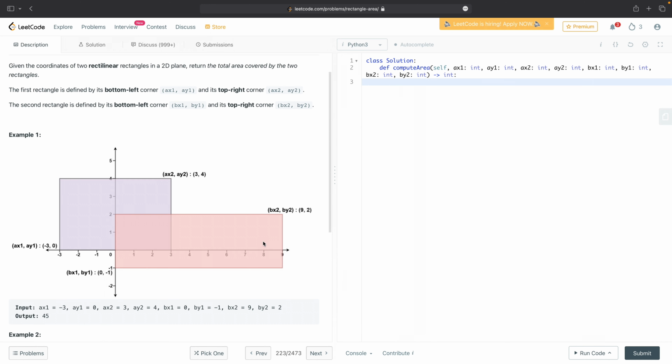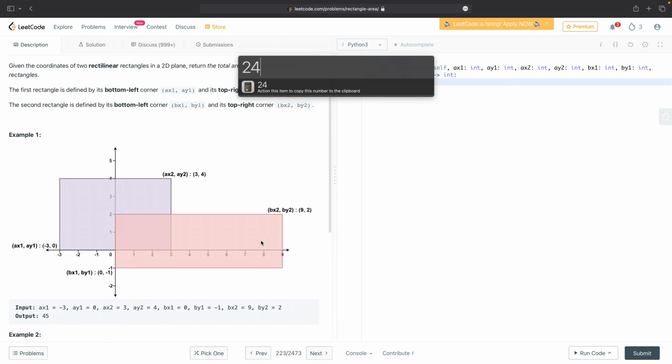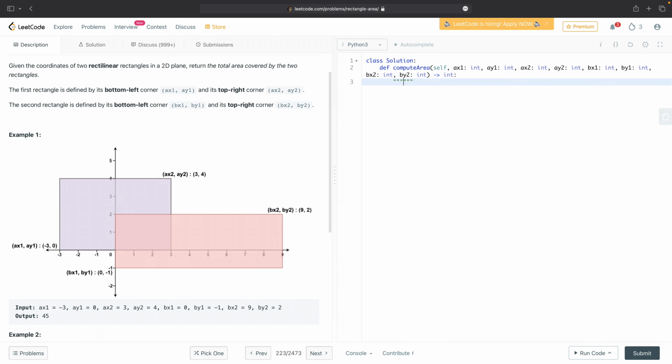So that's 24, and 27. If we were to just naively add those up, that would give us 51. But the problem is there's an area that is covered by both.